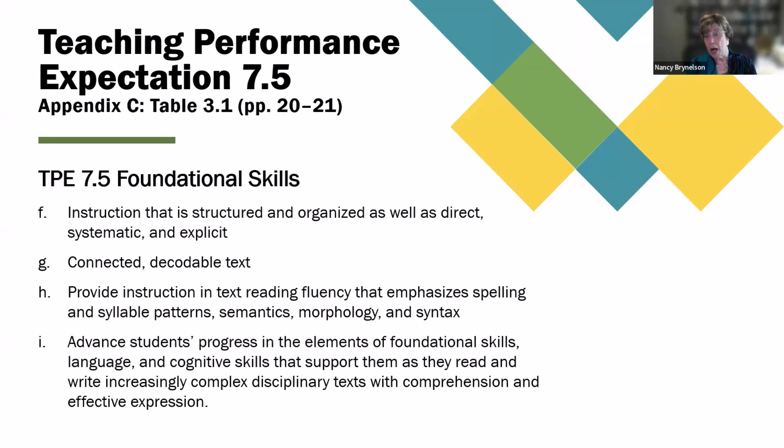And then finally, I, which is really moving into that more advanced level of foundational skills and how the foundational skills, language, and cognitive skills all come together to support students as they read and write increasingly complex disciplinary texts with comprehension and effective expression. That is always our goal. Meaning is always our goal, and language is always woven into the instruction that we give across foundational skills.